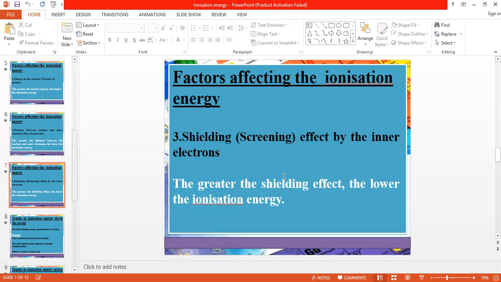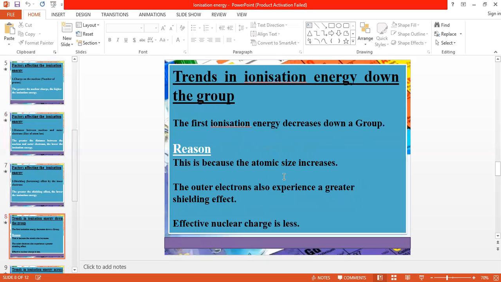That's it. Okay, trends in ionization energy down the group, meaning from top to bottom. Trends mean the change from top to bottom when we travel within a group. And from left to right within a period, they use the words across a period, or from top to bottom within a group.